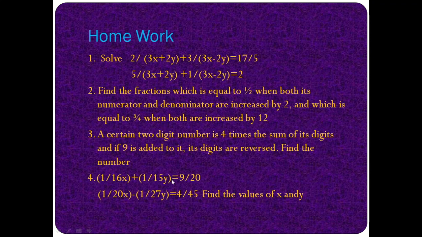Then these two questions are also descriptive type. You can do it from your textbook. These two are given as illustrations, and this is in your practical problem. So you just do it and post the assignment in the classroom. Thank you.